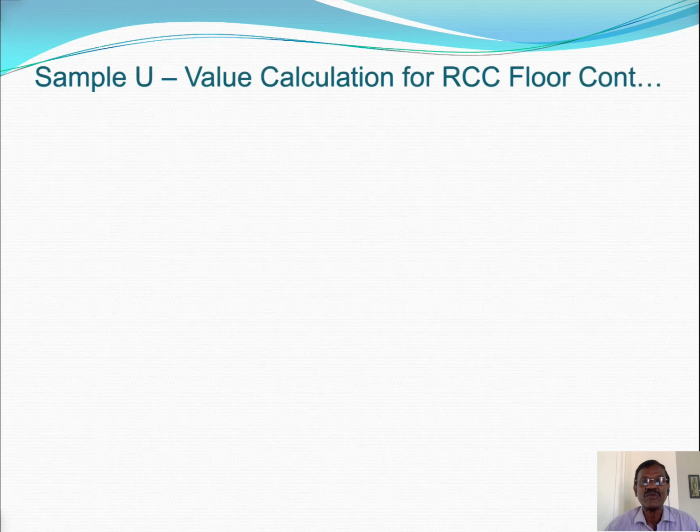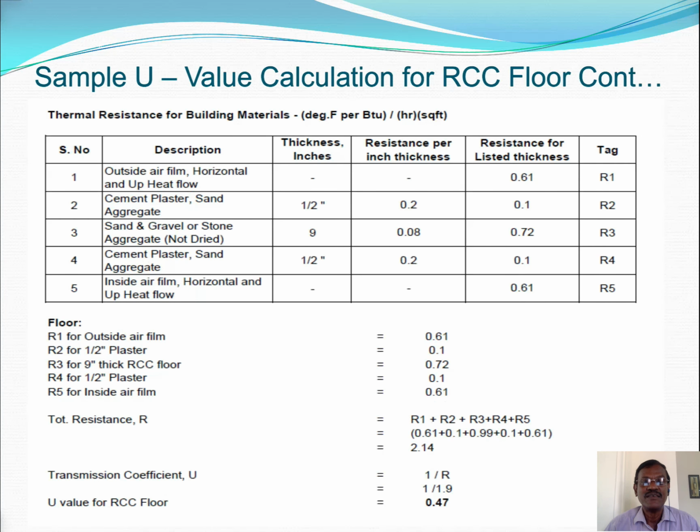Here also, the inside air film resistance for horizontal upflow is 0.61. The balance remains the same, plastering 0.1 and RCC 0.72, but the air film resistance for the non-exposed floor is 0.61, not 0.92.